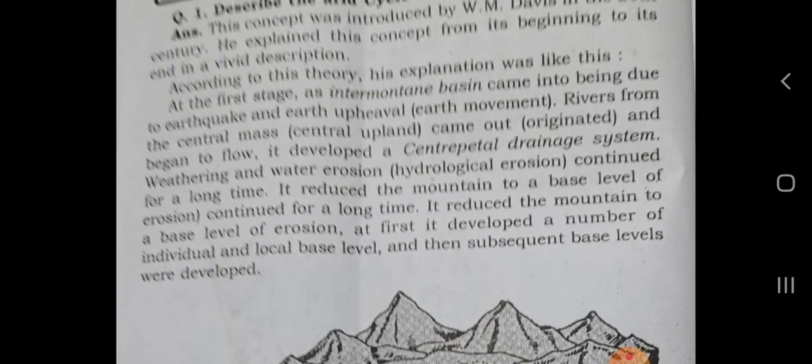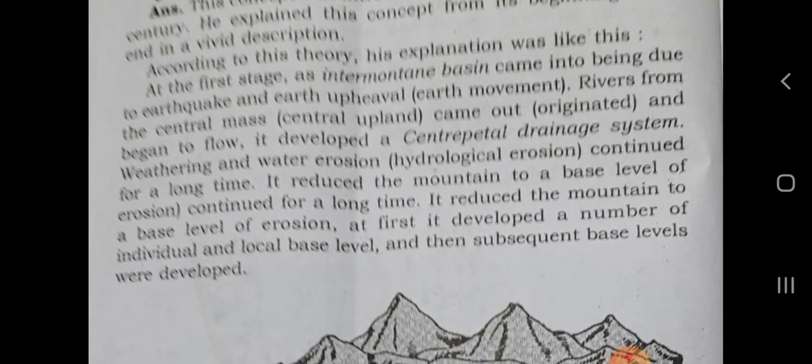According to this theory, at the first stage, an intermountain basin came into being due to earthquake and earth upheaval or earth movement. A river originated from the central upland and began to flow. It developed a centripetal drainage system.